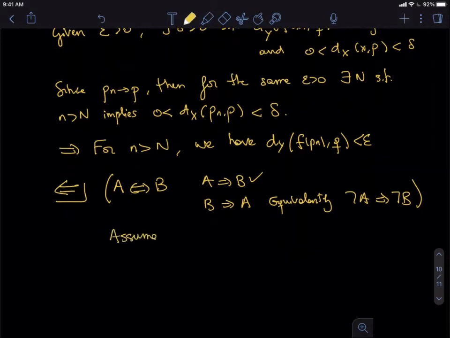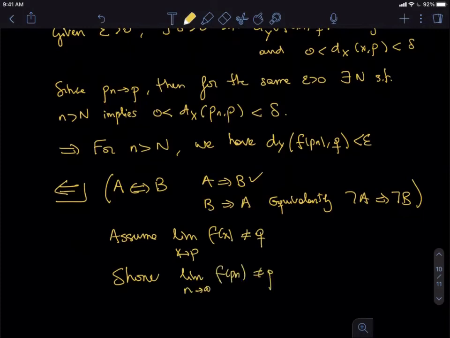This is logically equivalent. What we are going to do is show that if we assume that the limit of f of x as x tends to p is different from q, then we are going to show that the limit as n tends to infinity of f(pn) is different from q, for pn such that pn converges to p, pn different from p.